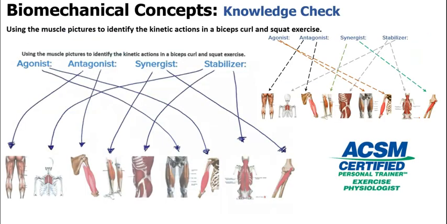Also, you need to connect with an arrow the kinetic action of the bicep curl and the squat exercise with the correct muscles that involve the action of agonist, antagonist, or synergist.